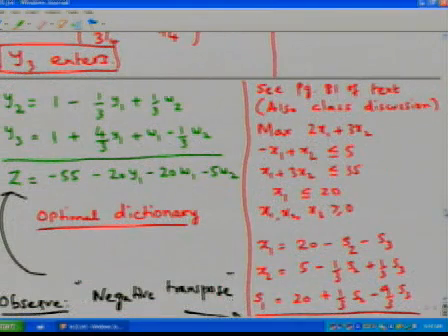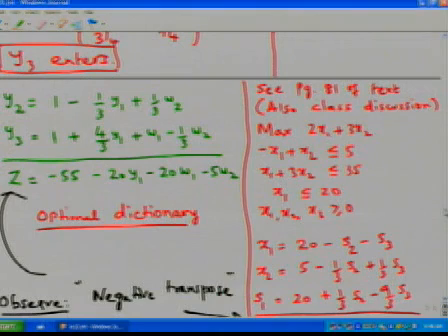Again, just to reiterate my point, if I give you a linear program with the following objective function, let me write it down here.